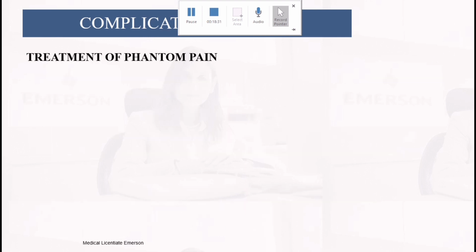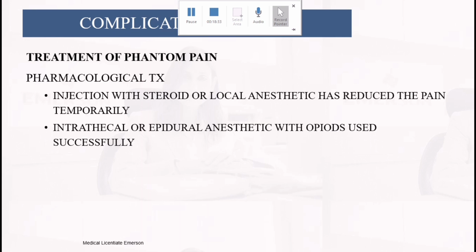Then how do you treat phantom limb pain? Phantom pain can be treated pharmacologically, where we inject a steroid or local anesthetic, which reduces the pain temporarily. Then intrathecal or epidural anesthesia with opioids has been used successfully.